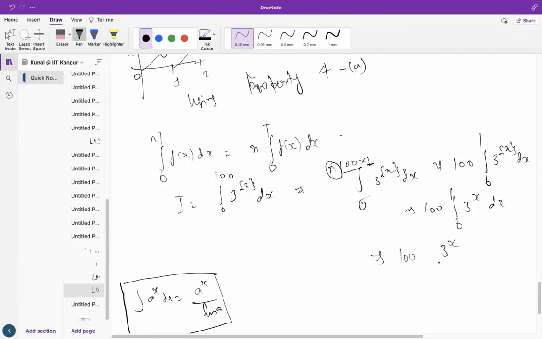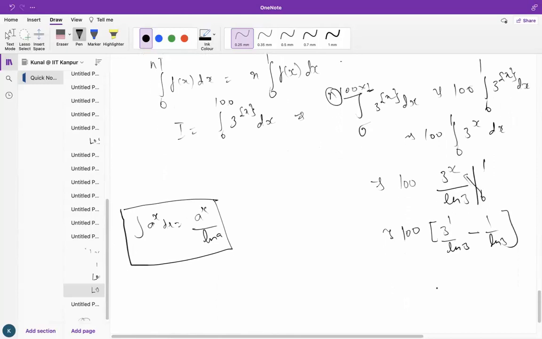So 3 to the power x by ln 3, and let me substitute the limits. Inserting the limits, you get 3 to the power 1 by ln 3 minus, when you put 0 here, 1 by ln 3. So you get the final answer, 200 by ln 3. So this is my final answer.